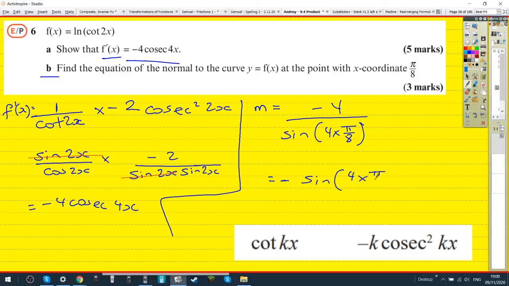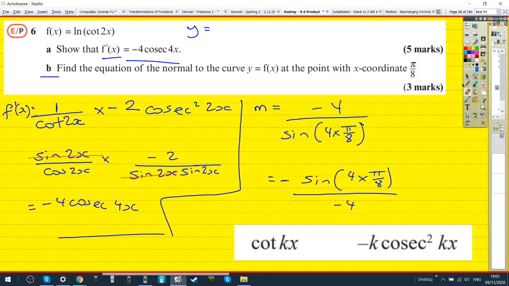How do you get c? I just sub in my... So if y is equal to ln cot 2x. Sorry.